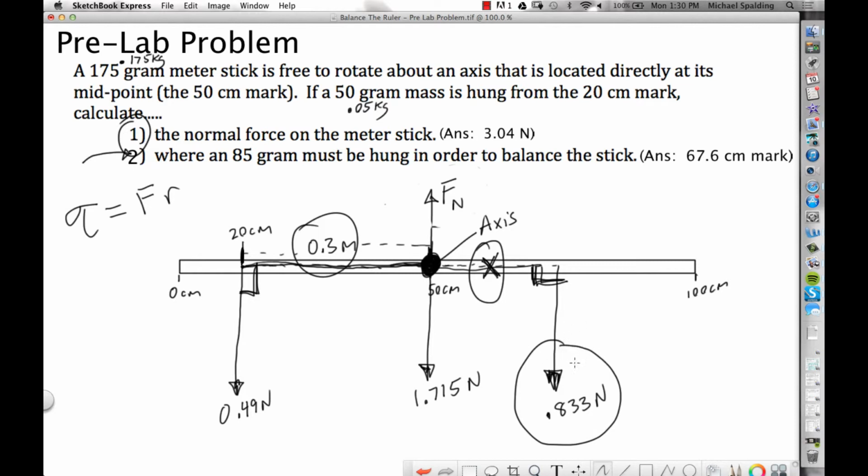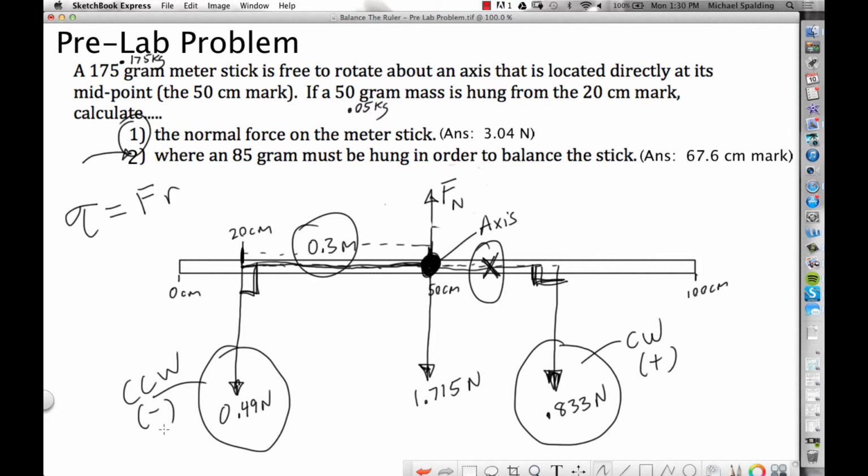Is this force here clockwise or counterclockwise? That's clockwise. This force over here, counterclockwise. So which one should be plus and which one should be minus? It doesn't matter. Let's just say clockwise is plus, counterclockwise is minus, okay? Or if you want to, you could do it the other way. You could say counterclockwise is plus and then clockwise is minus. As long as you're consistent, it's fine.